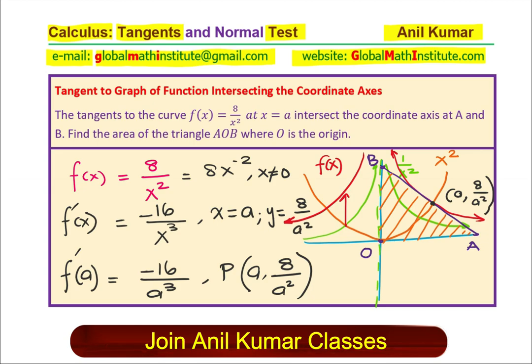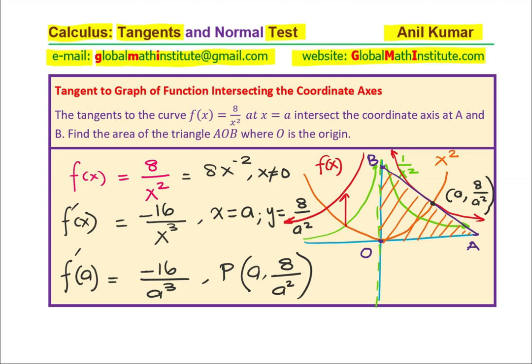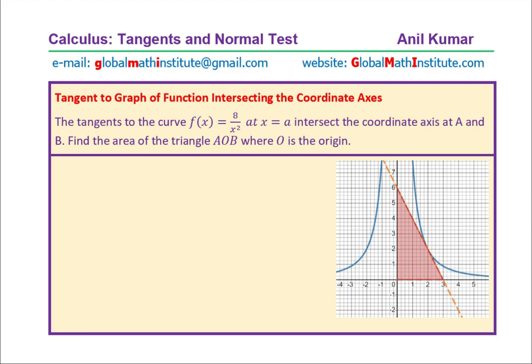And now what you should do is find the equation of the line, correct? So minus 16 over A cubed is the slope of the tangent. So let's find the equation of the tangent line. So here is a neat graph for you. We are looking at this particular point here, which has x value A, and the y value will be 8 over A squared. Clear? And we are going to find the two points A and B generally, and then the area of the triangle formed with the origin and the tangent.